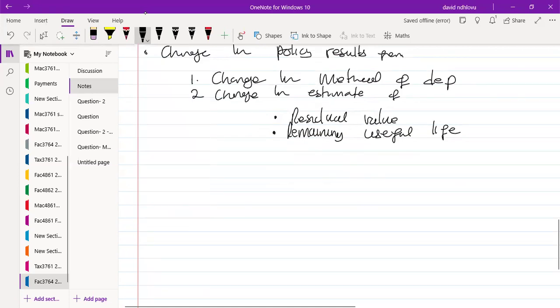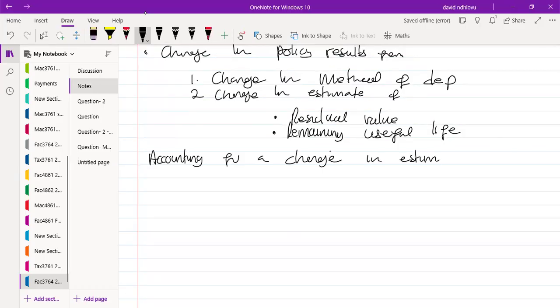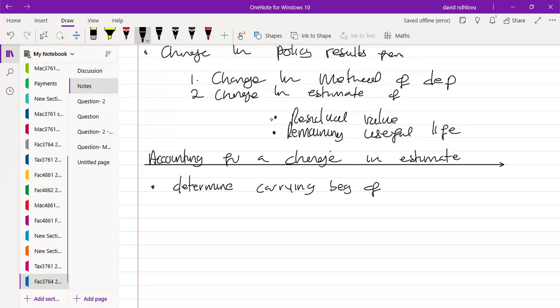Yes. Let's look at accounting for a change in estimate. For a change in accounting estimate, you must determine the carrying amount at the beginning of the year for the affected asset.